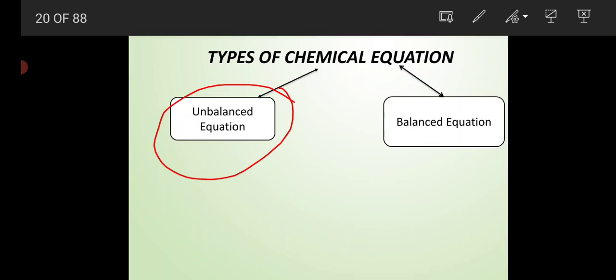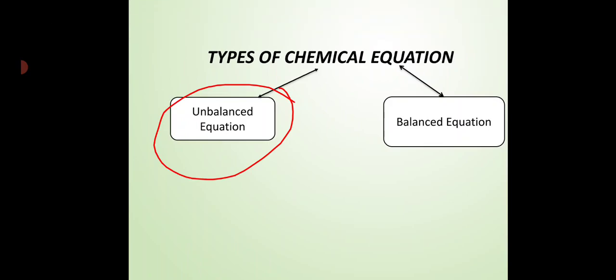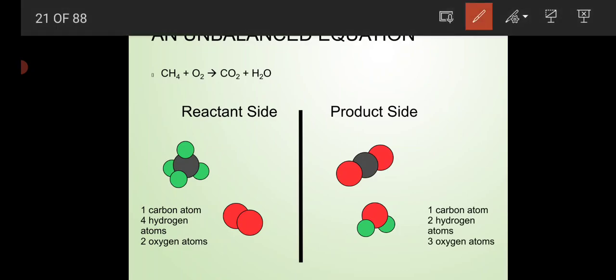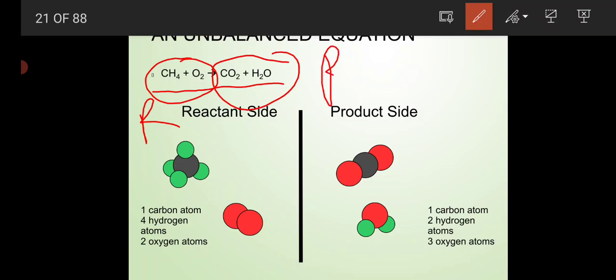So let's discuss balanced and unbalanced equations in detail. First, an unbalanced equation. Look at here. One reaction is there, when CH4 reacts with oxygen, it gives you CO2 plus H2O. This side is known as the reactant side and this side is known as the product side.